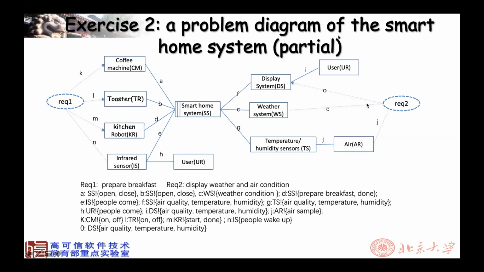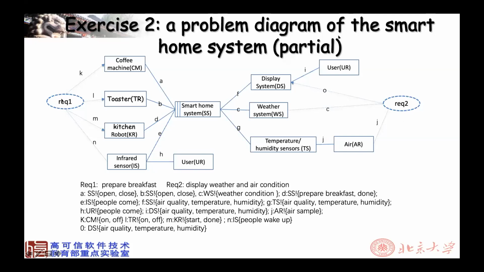And this is a requirement constraint. That means the display system has to show this. When the air has some phenomena and the weather system has some phenomena, the display system has to show this information on this screen. That is the second requirement.